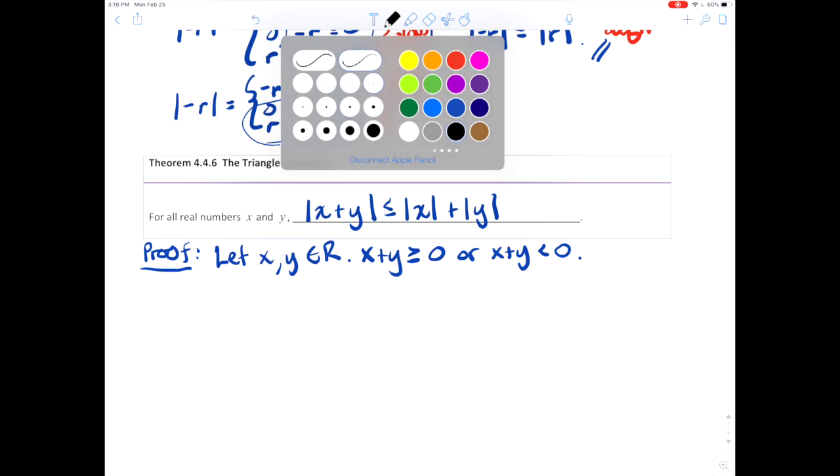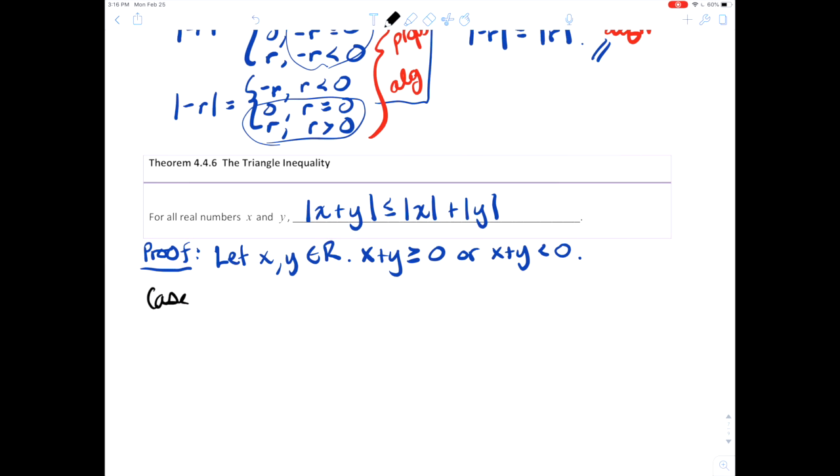So if we do our first case, that x plus y is greater than or equal to 0, what do you think? Well, absolute x plus y would equal x plus y.